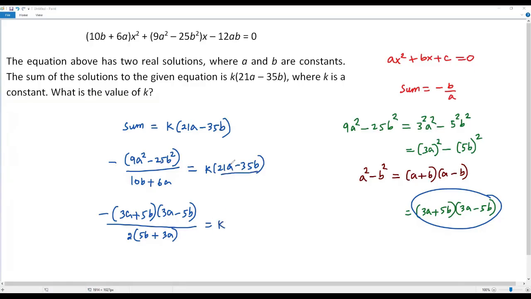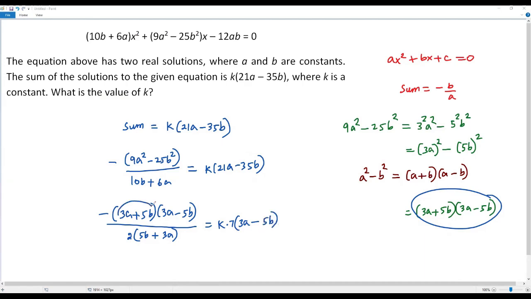Here, when I consider the stuff inside the parentheses, both the terms 21a and 35b have the greatest common divisor 7, so we can factor 7 out. When 7 is factored out, to get the stuff inside the parentheses, let's divide both the terms by the one I factor, that is 7. When I divide this 21a by 7, I am getting 3a negative. When I divide this 35b by 7, I am getting 5b.